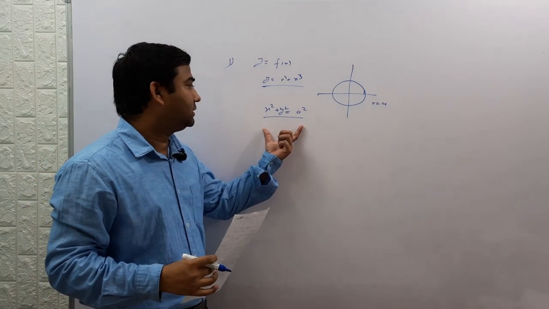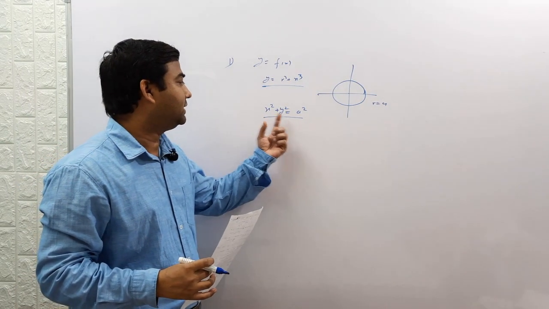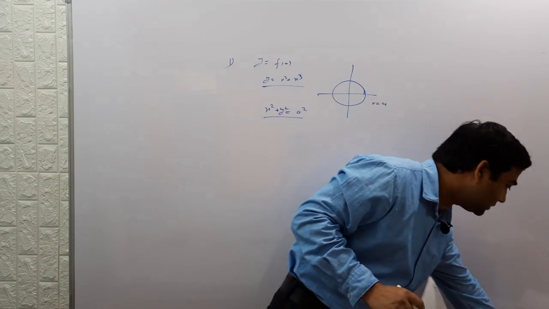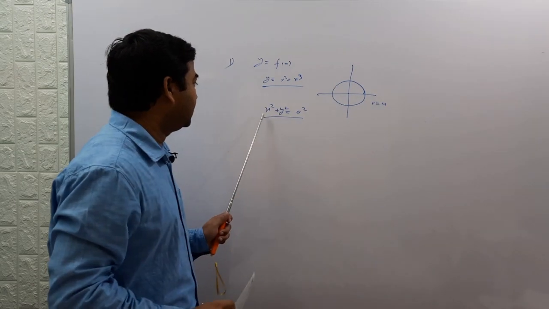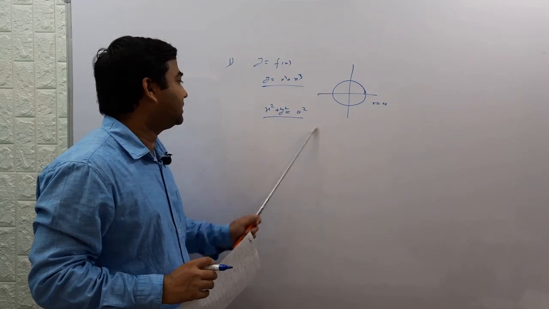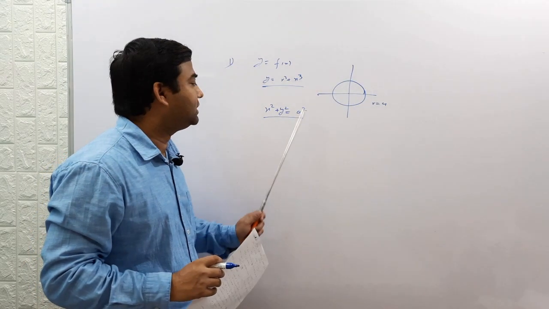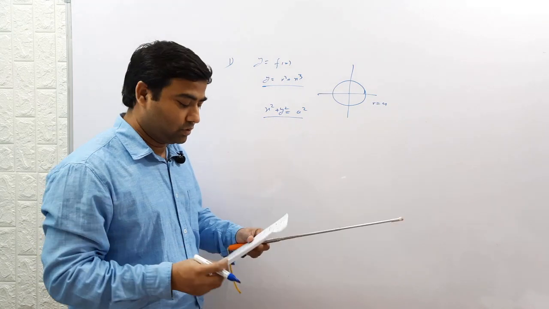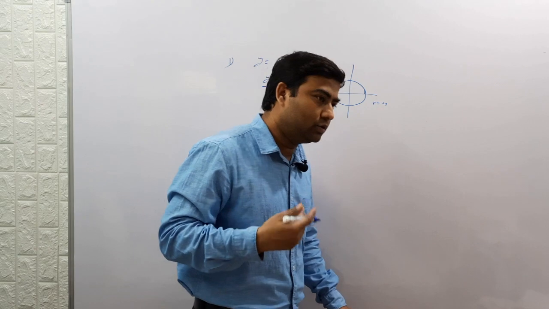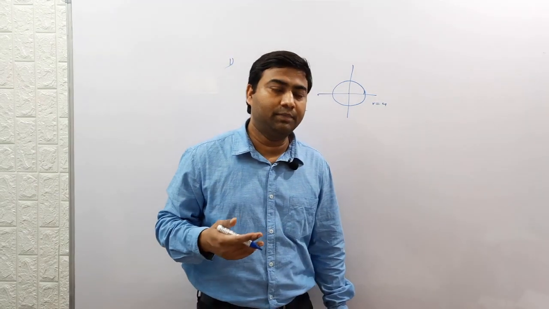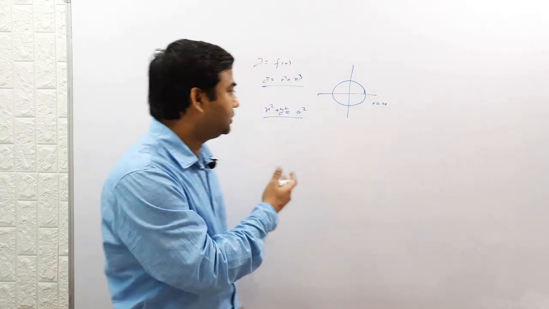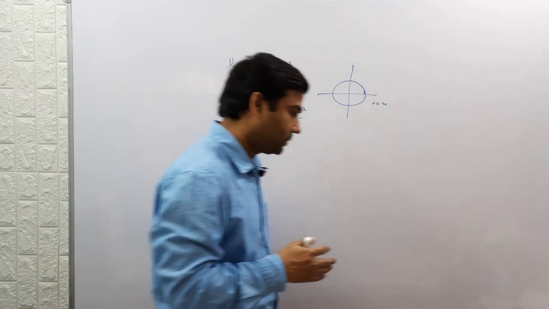So this form of function involves dependent and independent variables. Independent variable is x, and dependent variable is y. So both variables are involved in a single expression. Such expressions are called implicit functions. We will see how implicit function derivatives are derived. That's why I just introduced you to what an implicit function is.